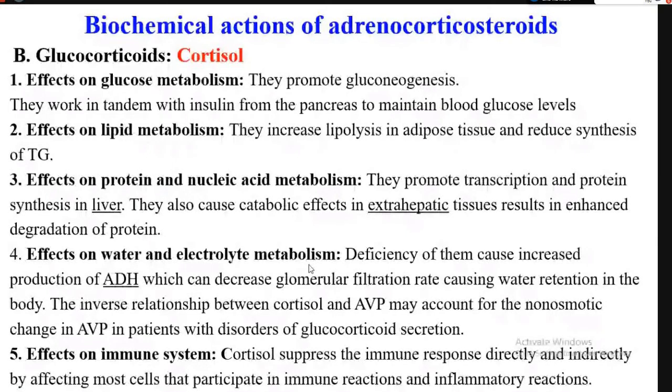Okay. Now here in the lipid metabolism, I have written there is redistribution of fat.